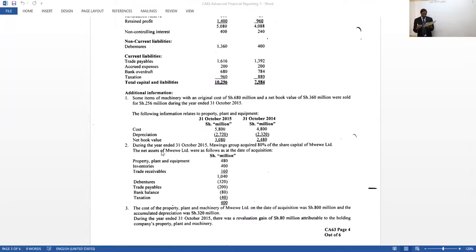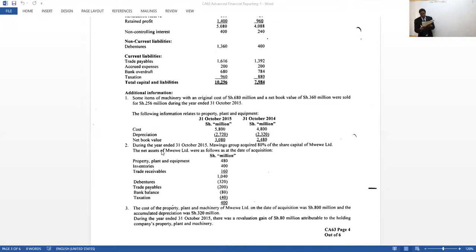So you're given property, you're given inventory, you're given trade receivables, you're given trade payables, you are given bank, taxation. Number three, the cost of property, plant, and equipment of Mwewe Limited on the date of acquisition was 800 million and accumulated depreciation of 320 million.